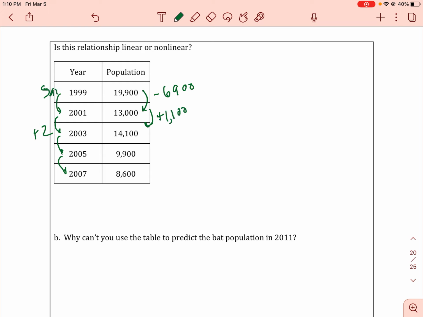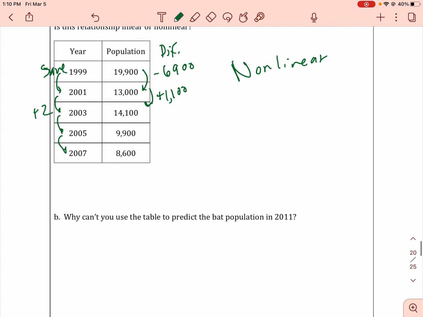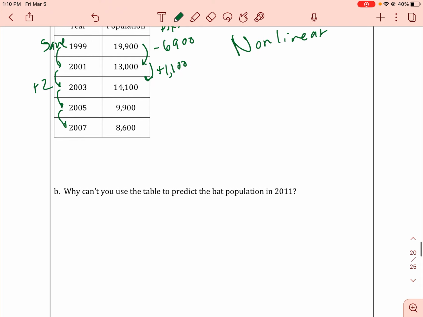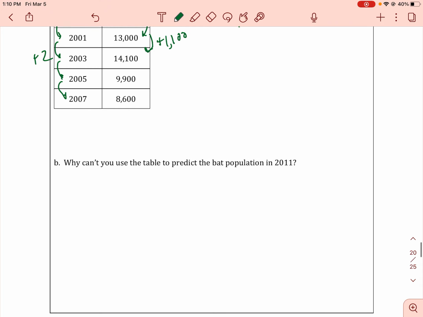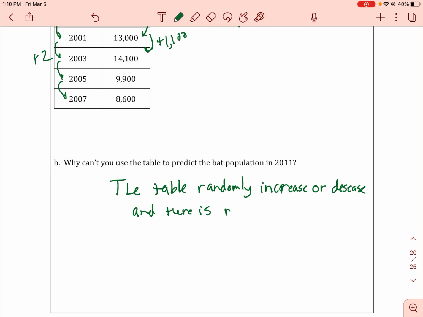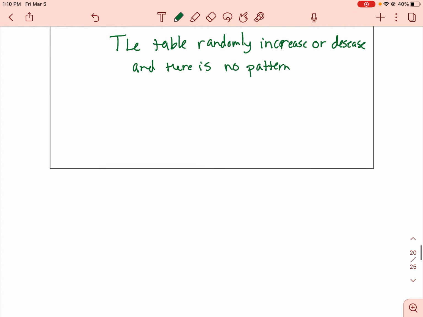Since this is the same and this is different, this is nonlinear. And we cannot predict this bat population because the table randomly increases or decreases, and there is no pattern. There's no pattern to the table going on.